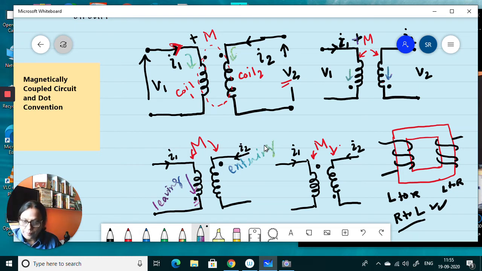So if one current is entering the dot and the other current is leaving, or when this one is leaving and the other is entering, that time the voltage generated due to the mutual inductance will be negative. Clear?